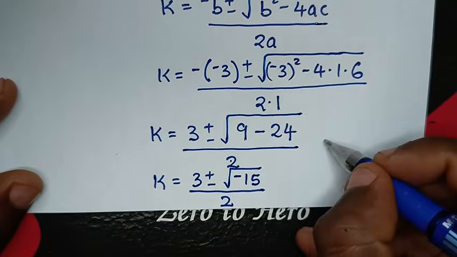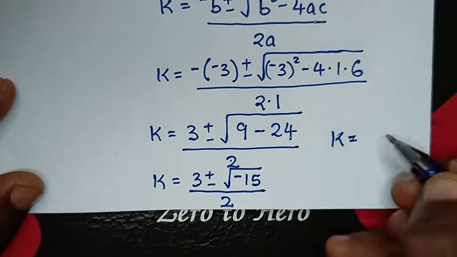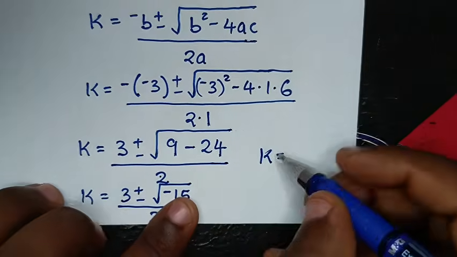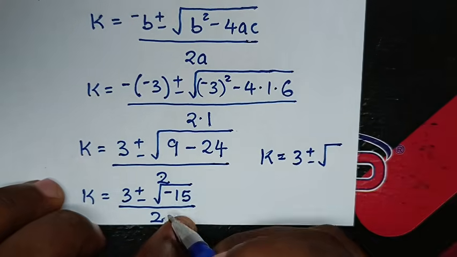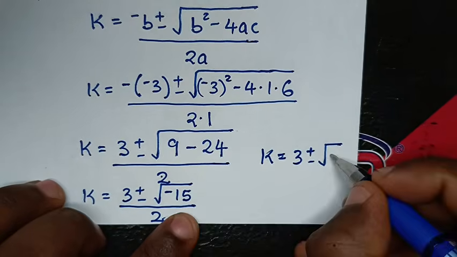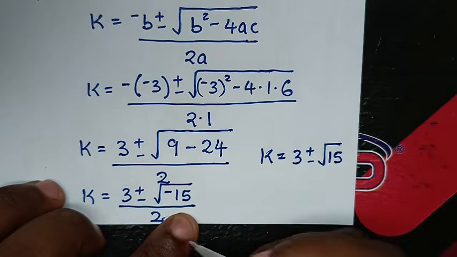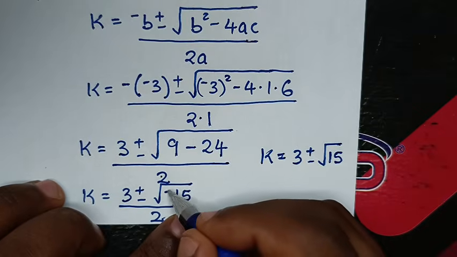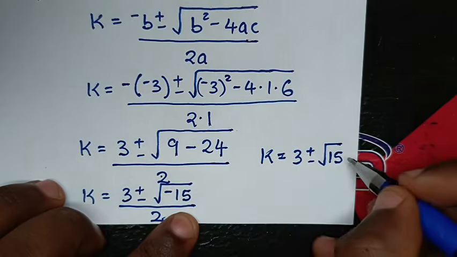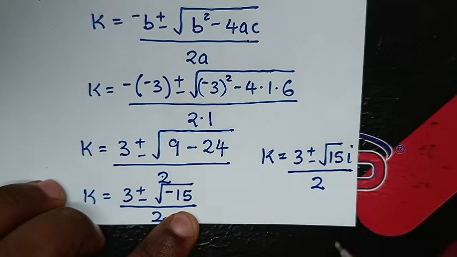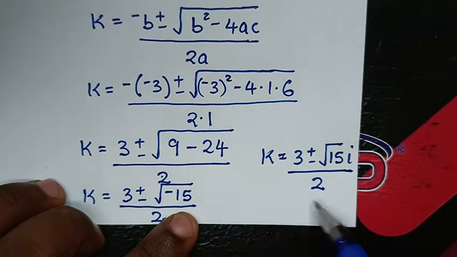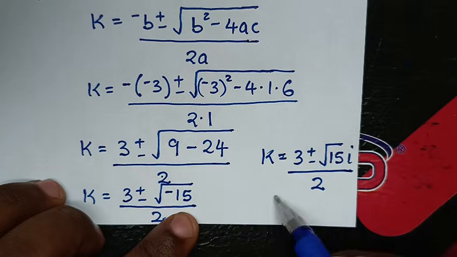So k is equal to 3 plus or minus square root of negative 15, which is the same as square root of 15 times square root of negative 1, and square root of negative 1 is i, then over 2. So from here we have two complex solutions.